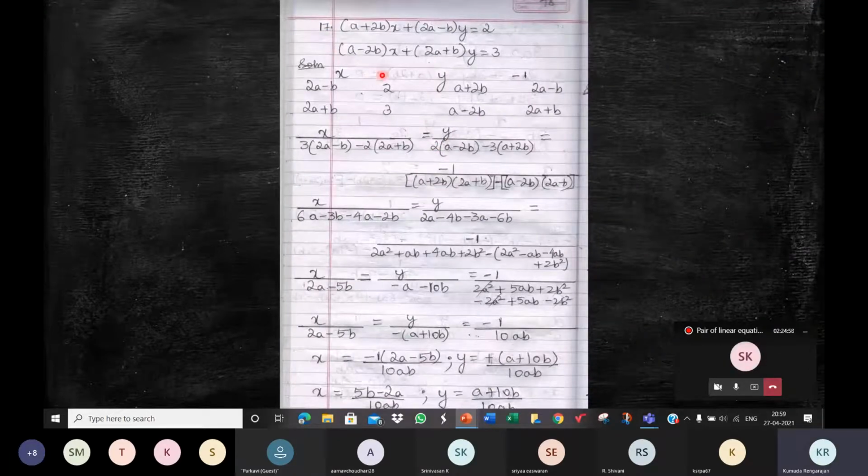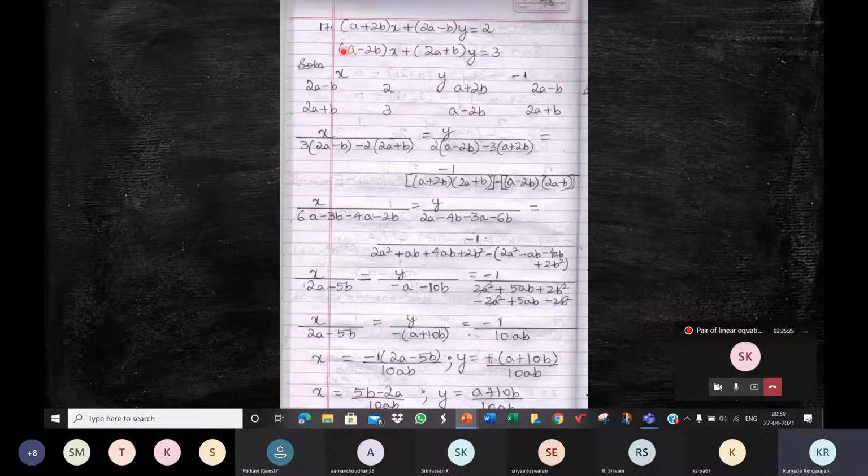Here also, see here, these two equations. What you have to check is if the equations are in the standard form. You can see the x term here and the coefficient a plus 2b. You can see the y term here and its coefficient 2a minus b and the constant is 2. See here, x, its coefficient, y, its coefficient, constant.